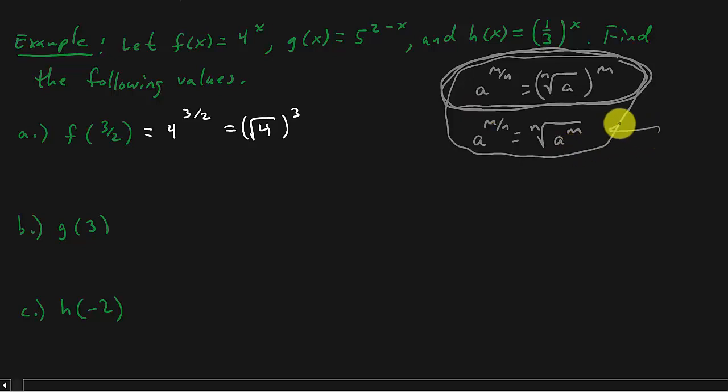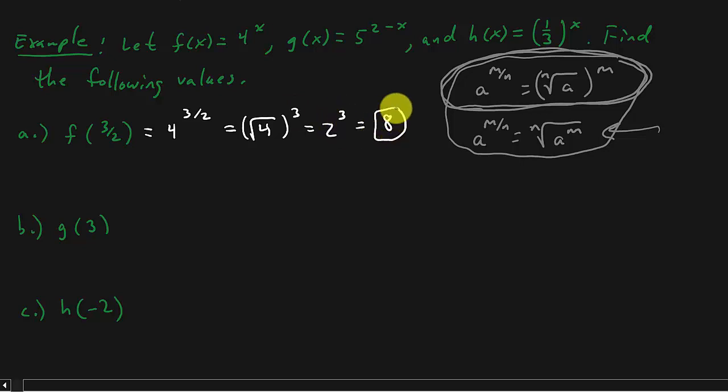You can use the other one and you'll get the same answer, but sometimes it makes it a lot more difficult, because if I put the 3 in this square root and did 4 raised to the third, I would get a big number, and then I would have to take the square root of it. But see here, the square root of 4, I know that's 2, and then I have this power 3, and I know 2 cubed is 8.